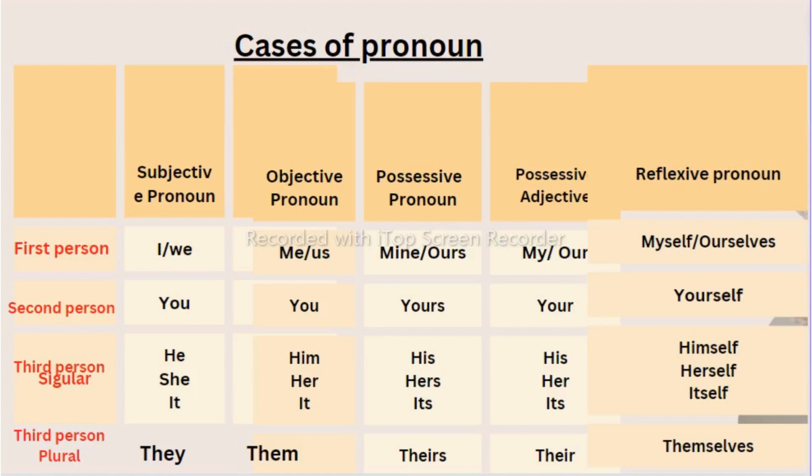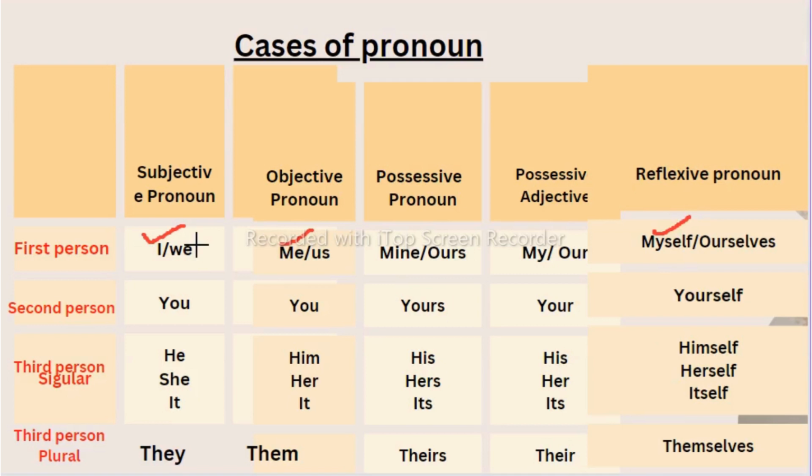So in the last video, personal pronoun, we discussed subjective, objective, and possessive pronouns as well as possessive adjectives. Now we are going to see the reflexive pronoun. When we are talking about the first person singular, I, if we are talking about I and me, in the reflexive pronoun it will change to myself. For example, we can say I saw myself in the mirror.